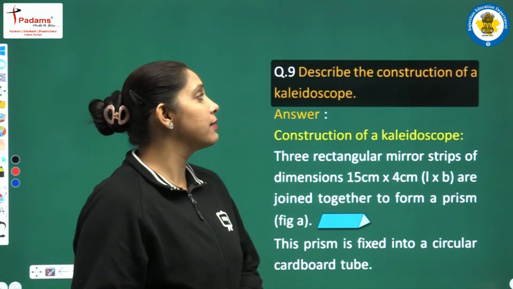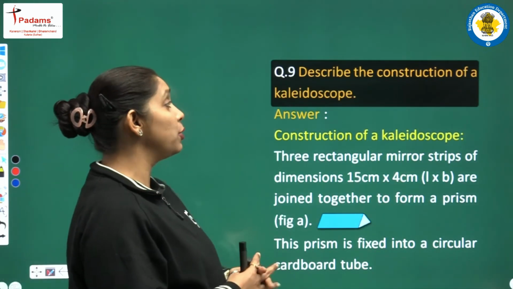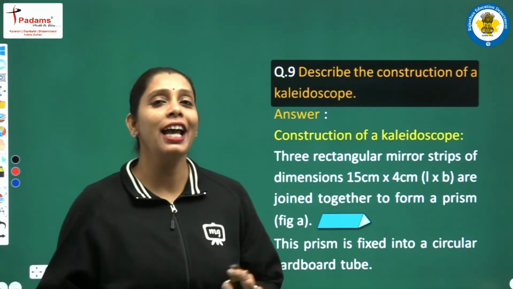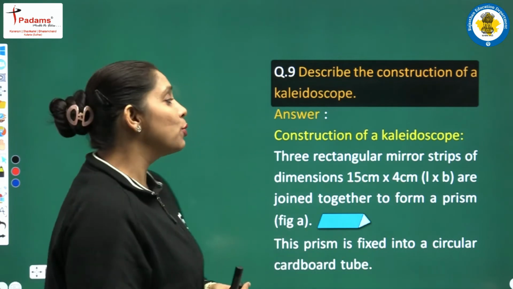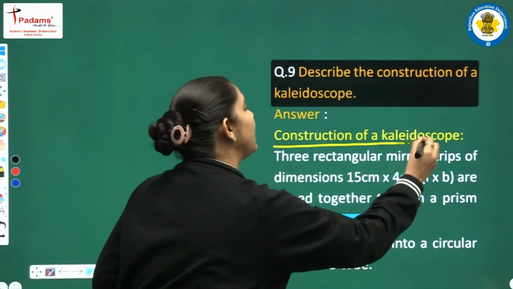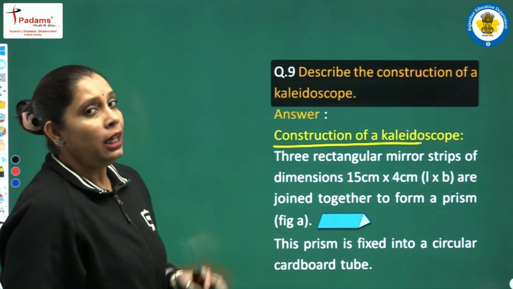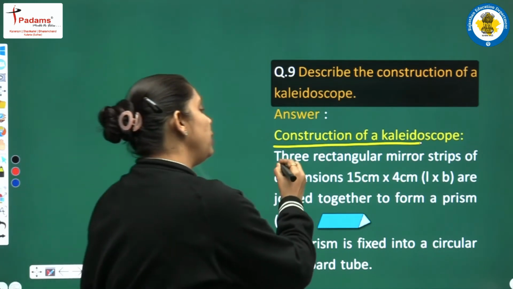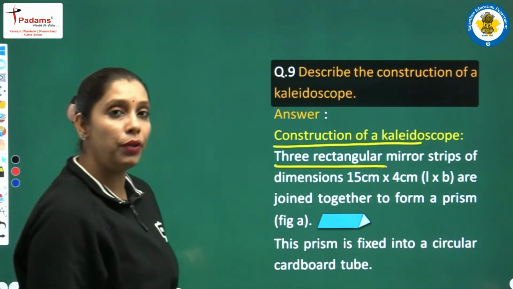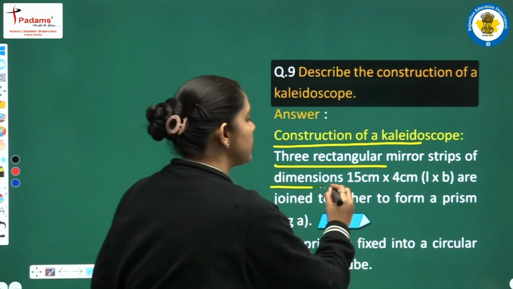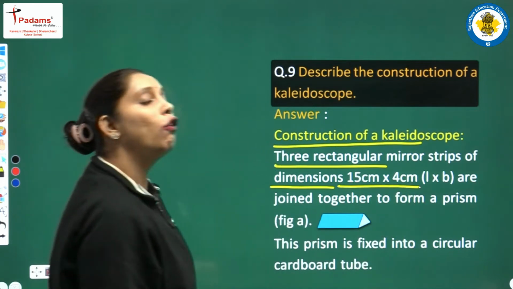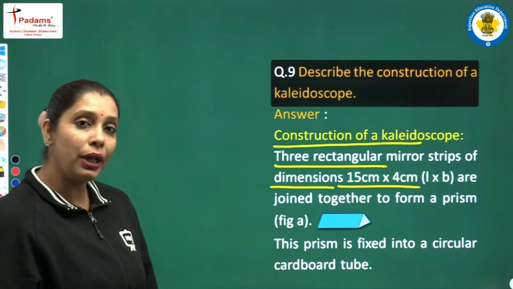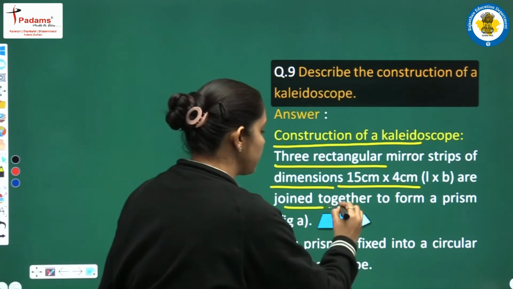Next question है, describe the construction of a kaleidoscope, and it is again the very easy one which we already had discussed in our chapter. So student, construction of a kaleidoscope is very easy. What are the steps we have to write? 3 rectangular mirror strips of dimensions 15 centimeter into 4 centimeter, that is length into width, are joined together to form a prism.